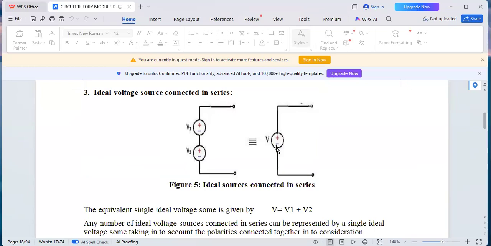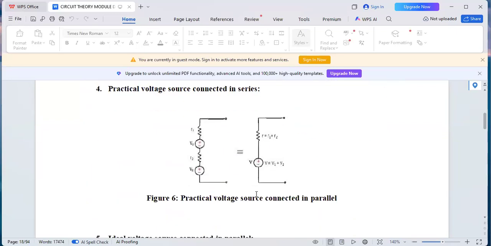So look at that, this V1 plus V2 gives you the voltage. If you have a lot of cells arranged in series, you are increasing the voltage, but the current will be the same. So that is a voltage source. Then this is how it is presented. You see that?